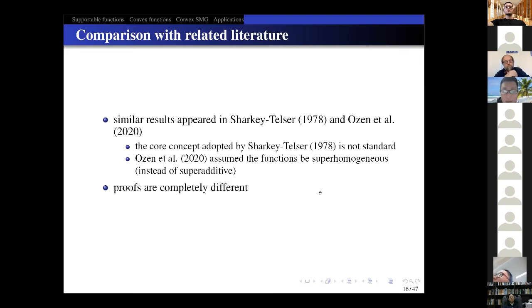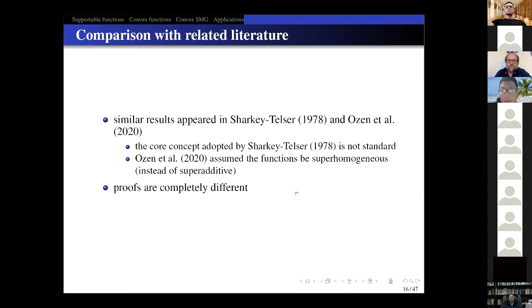Instead, they assume that the function is super homogeneous. Homogeneous means that f(lambda x) equals lambda f(x).